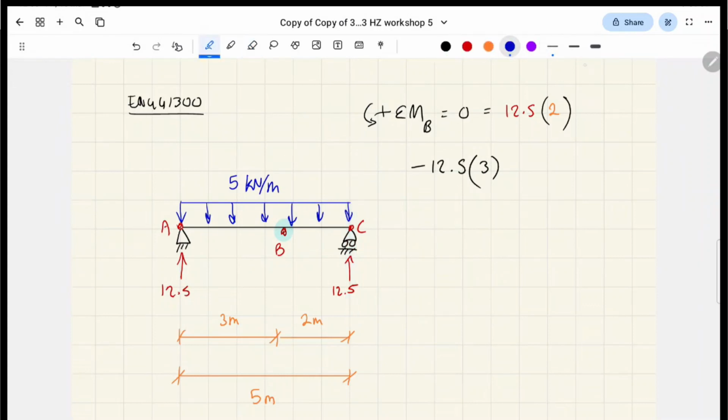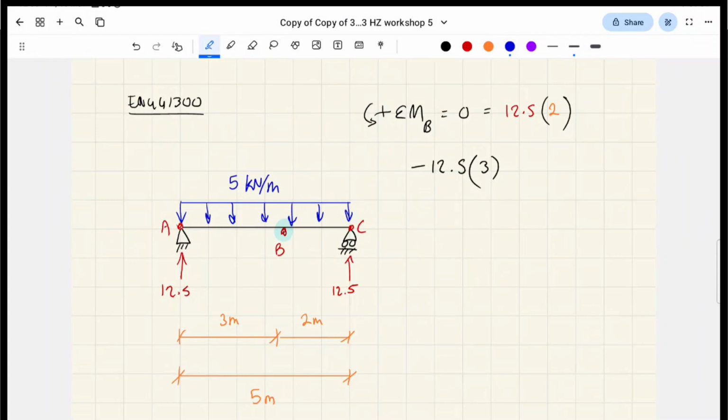Okay, cool. But now we have one more force which we have to talk about, which is the distributed load, right? The 5 kilonewtons per meter. So we can do something called turning a distributed load into a point load using equivalent loads.